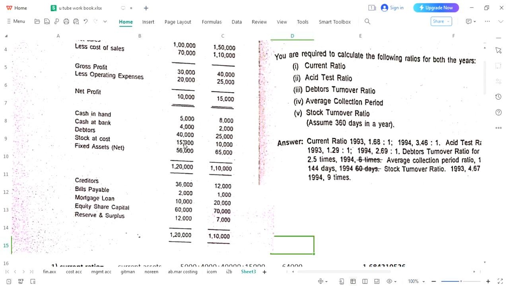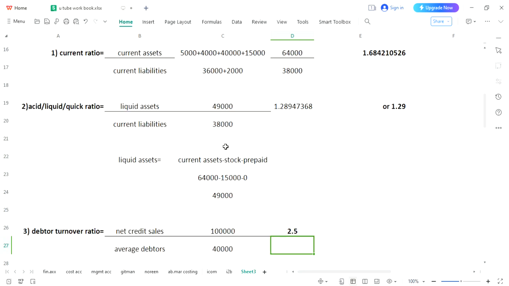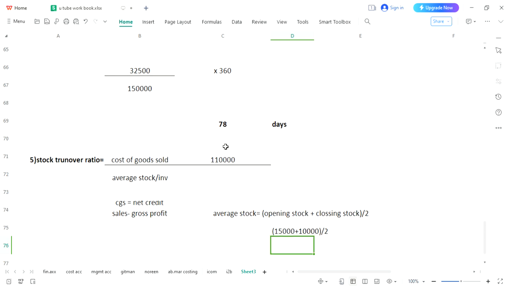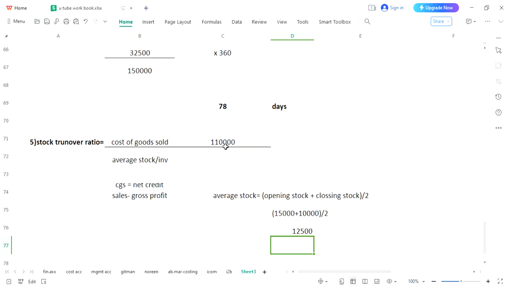Here stock opening is 15,000 and closing is 10,000, divided by 2. In this way our average stock is calculated. So let's put it on the calculator. We have got our average, 12,500.